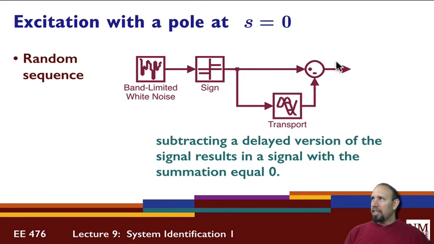So the result is that a system with a pole at the origin will not drift off too far. It will still drift, but it won't drift very far. So this is important. These are some rich excitation signals, and we'll use these.